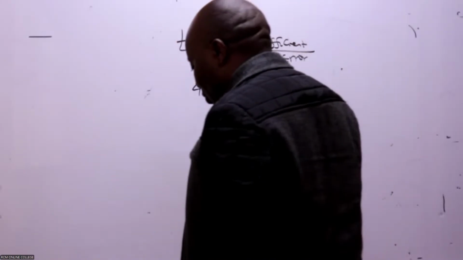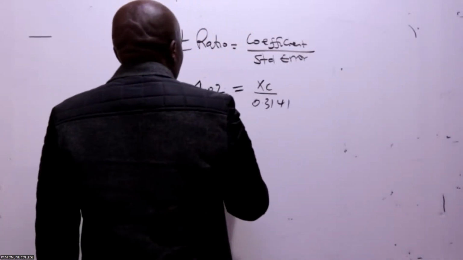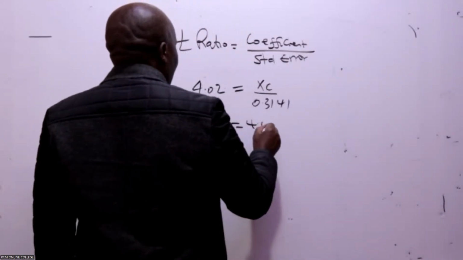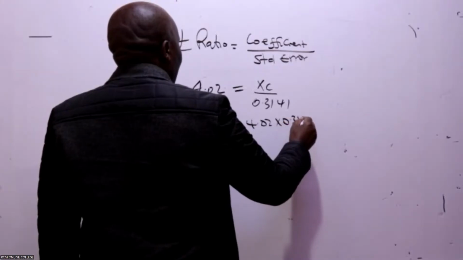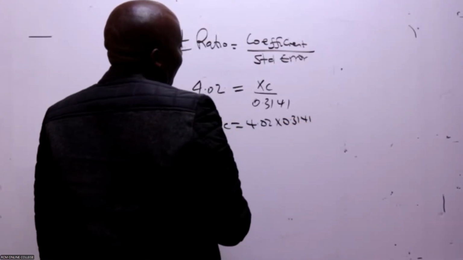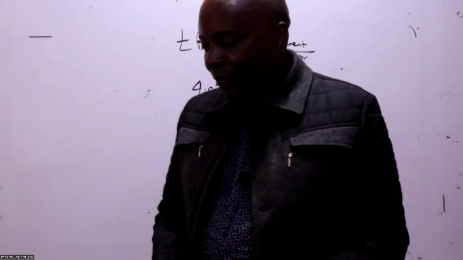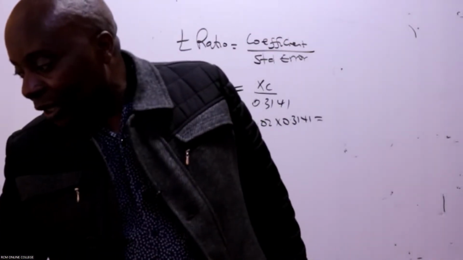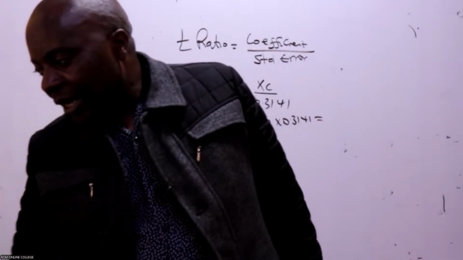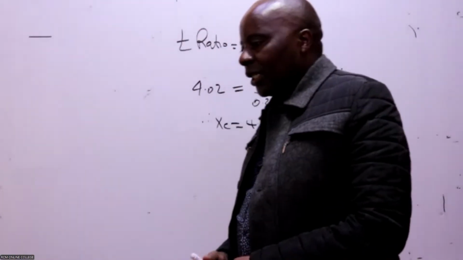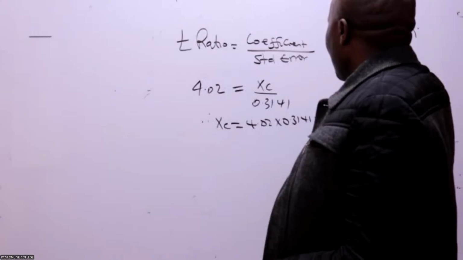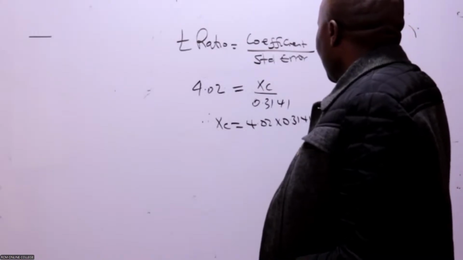And therefore, XC will be equal to 4.02 times 0.3141 if you cross multiply, which at the end of the day will give us that great answer that 18 students were able to get right. Yeah, 1.2626, like that. Great.